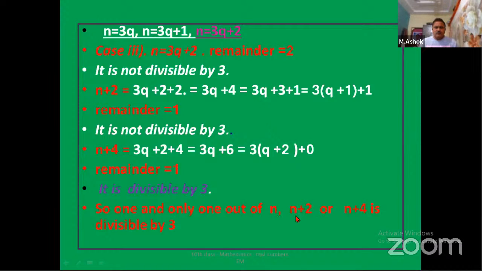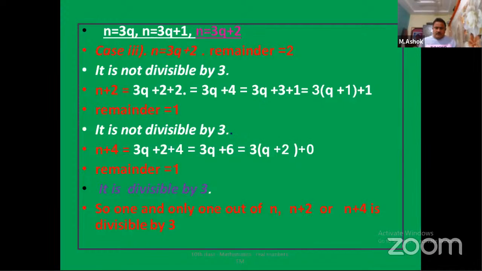In case 2, n plus 2 is divisible by 3. And in case 3, n plus 4 is divisible by 3. Means out of all the 3, n, n plus 2, n plus 4, only one is divisible by 3. So in this way, you have to prove or solve this sum.